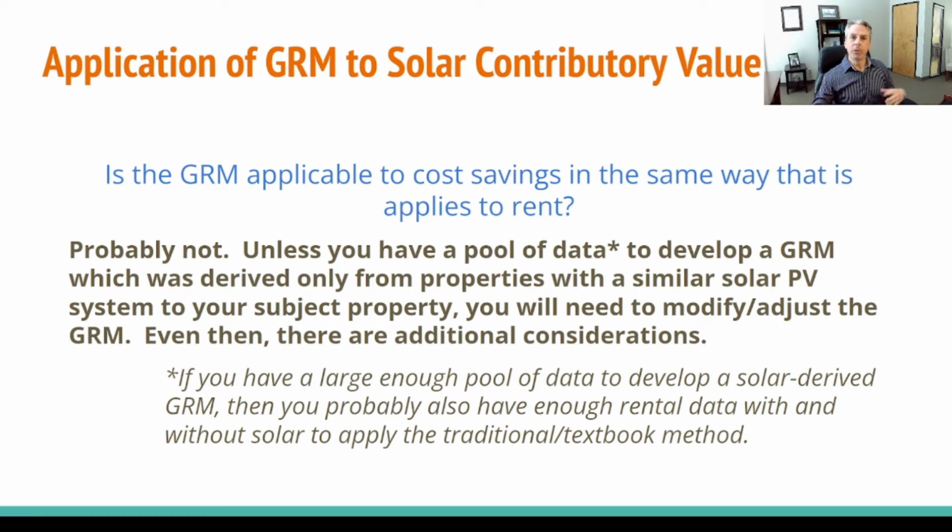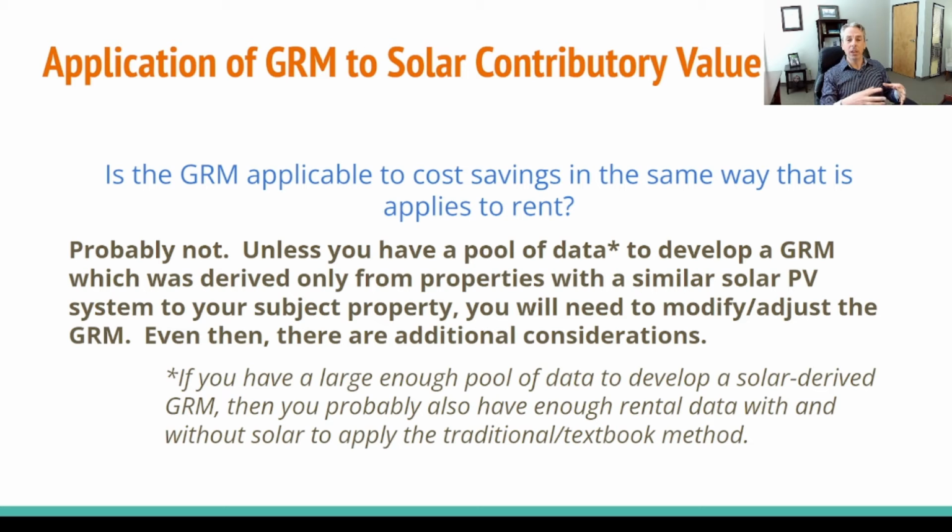But if we're doing that, the next question: is the GRM applicable to cost savings in the same way that it applies to rent? Probably not. So this is important. Back to where does your GRM come from? How is it derived?